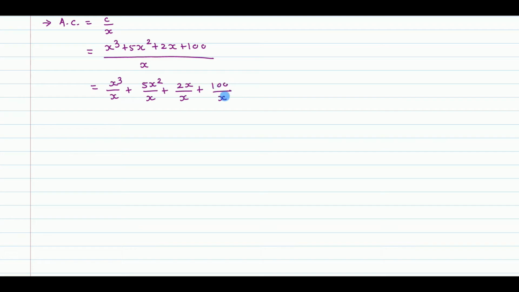Now x cancels out, so x cube upon x becomes x square, plus 5x square upon x is 5x, plus 2x upon x, x cancels out, 2 is left, plus 100 upon x. This is the average cost function.